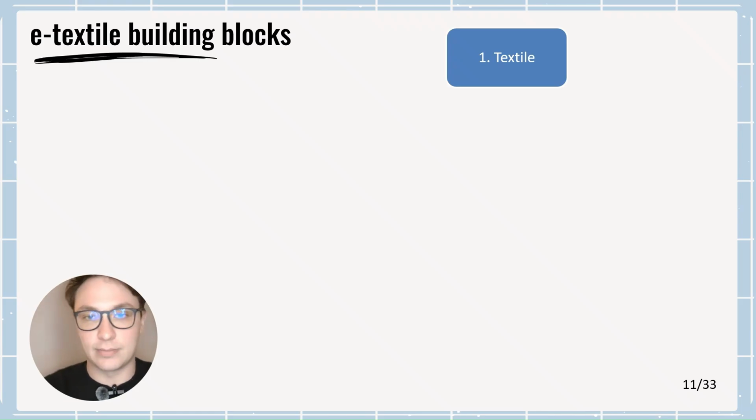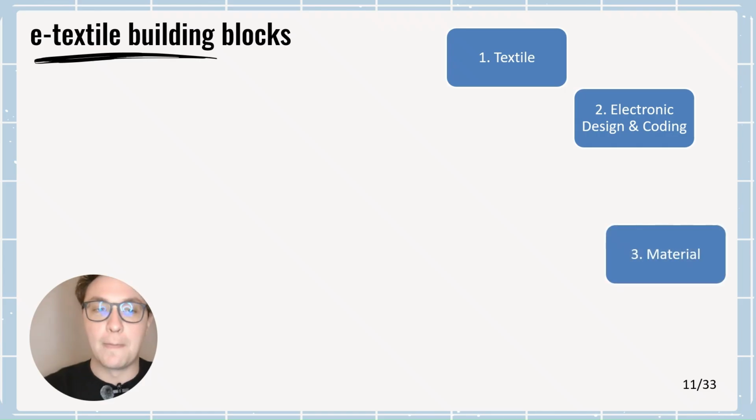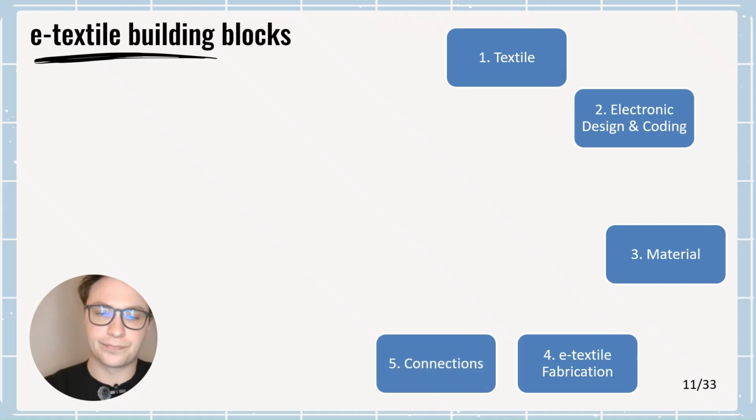Based on this very textile's properties, we have to design the electronics we would like to embed in this platform and to code this electronics. We have to choose the material involved in the fabrication process. Of course, it's a matter of the fabrication process, and we're going to discuss it a little bit later. We have to make all the connections.